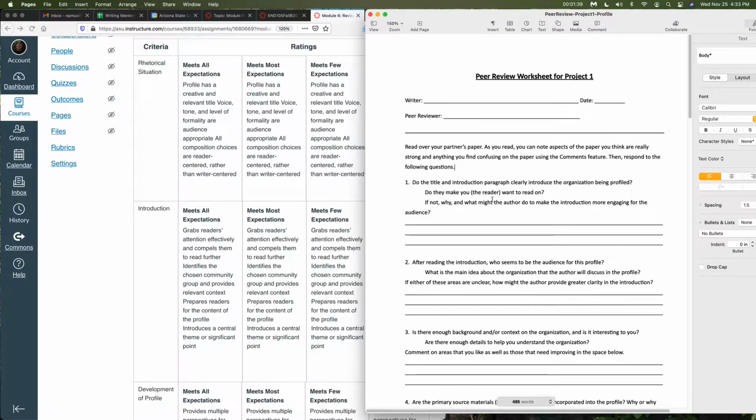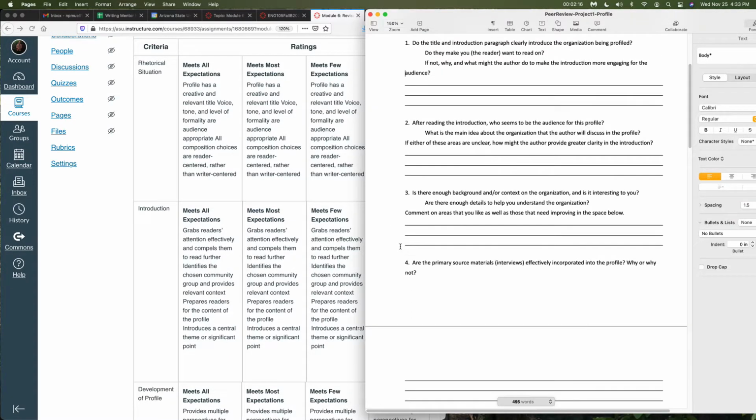What goes into the introduction: some context about the organization, the community it occurs in or belongs to, a definition of what the organization is and what they do for folks in the community. And then if your peer's submission is missing some part of what I just listed, let them know how they can maybe compose a hook in terms of the title, or maybe the first sentence of the introduction to draw the audience in.